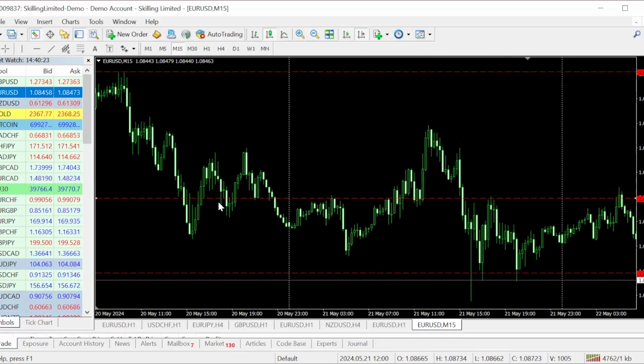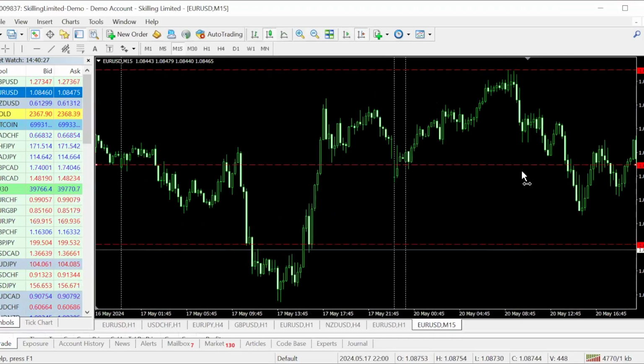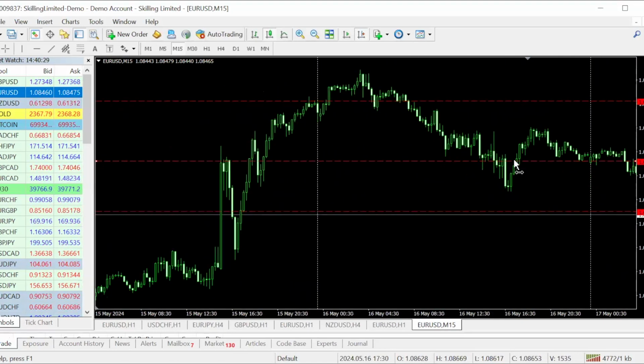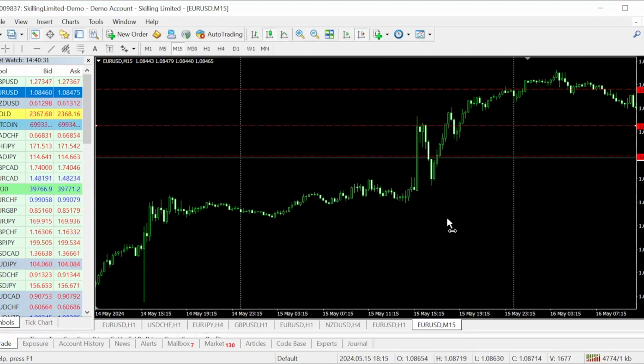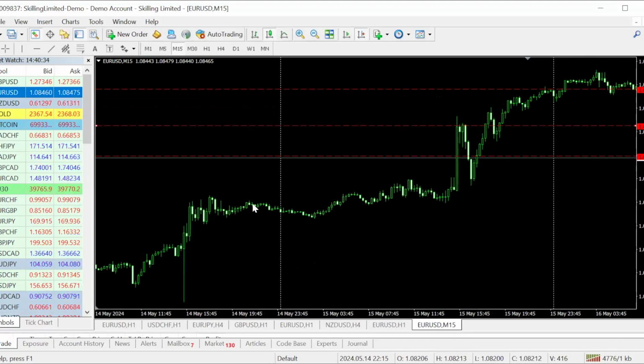Now, if you go further behind, let's see if we can find another similar opportunity like that. I think there is somewhere around here. So here it looks so insignificant, but let's look at it.